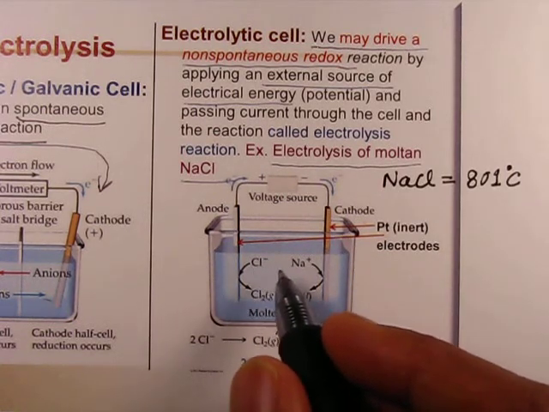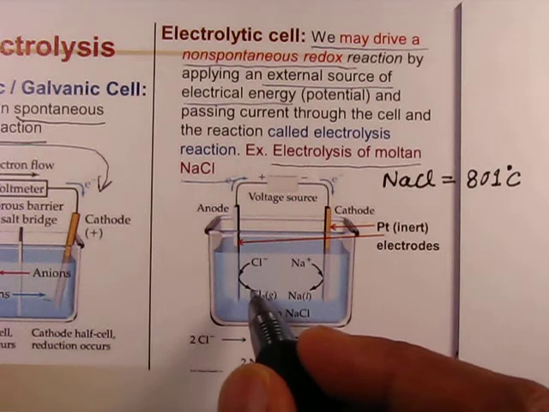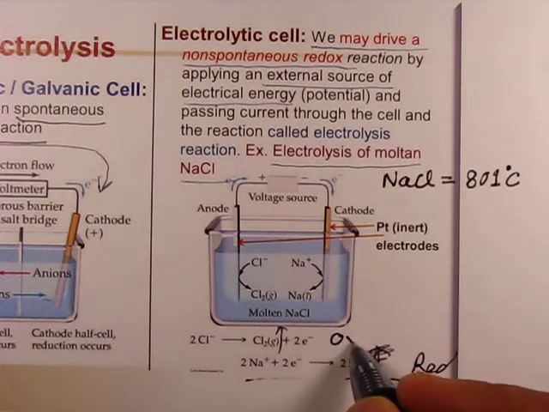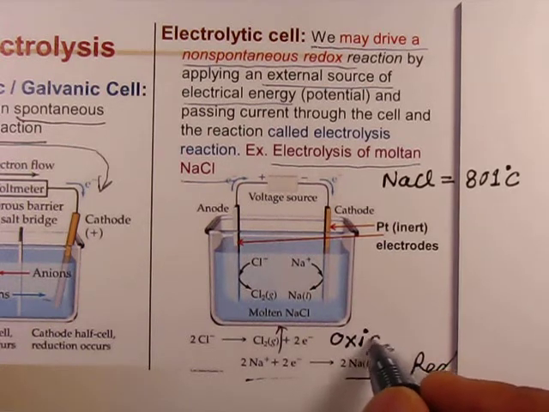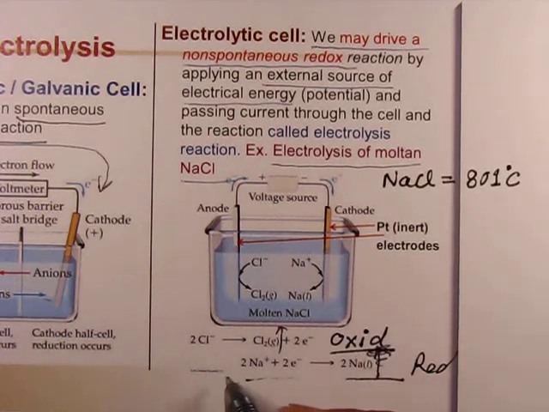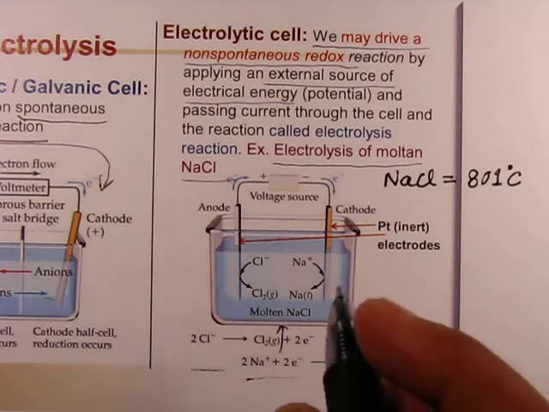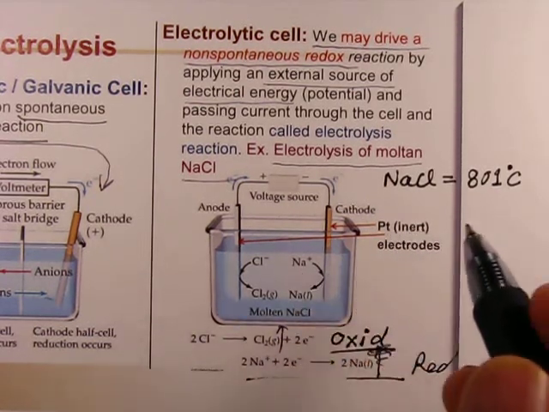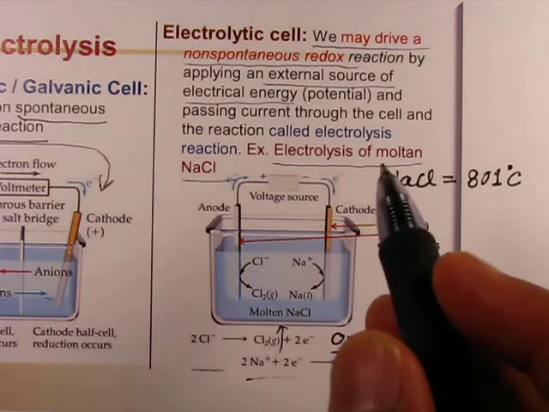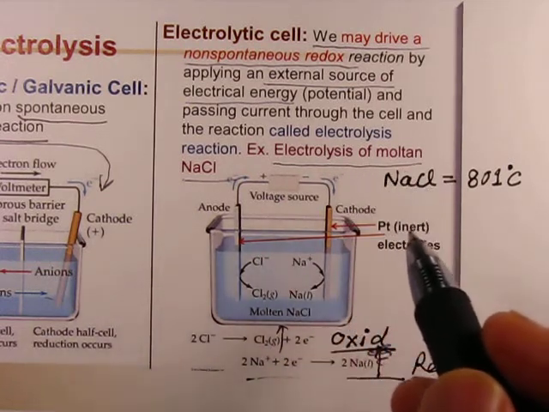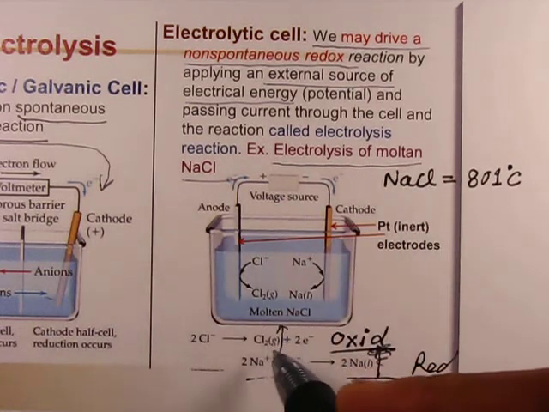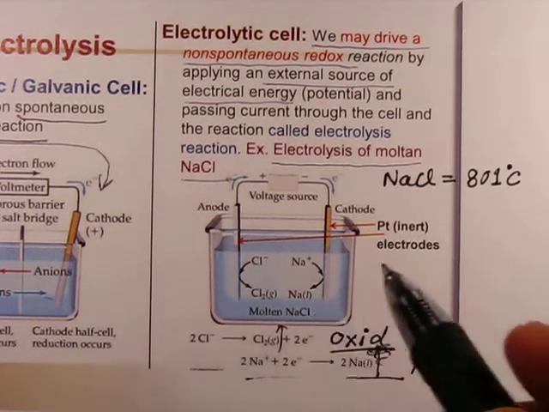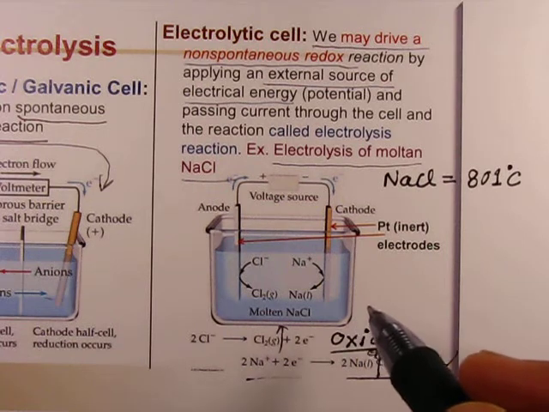And chloride ion loses electrons, so oxidation happens at the anode and produces chlorine gas. So by applying the electrolysis process on the molten salt, we can generate chlorine gas and we can get sodium metal.